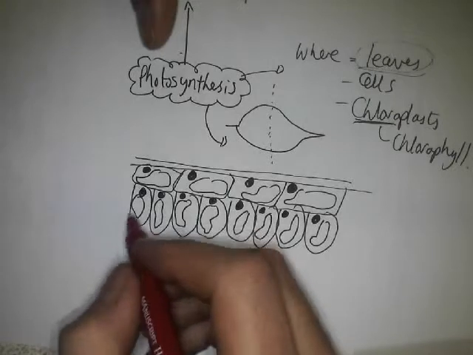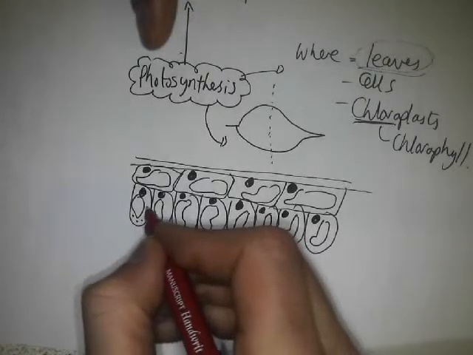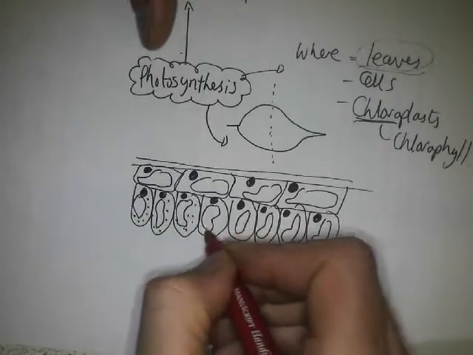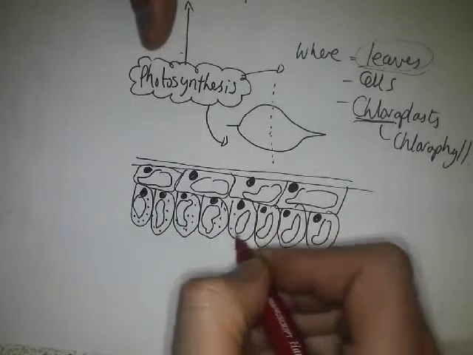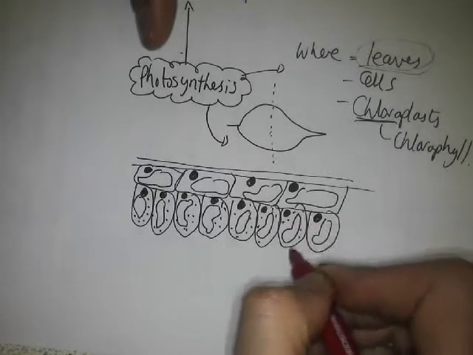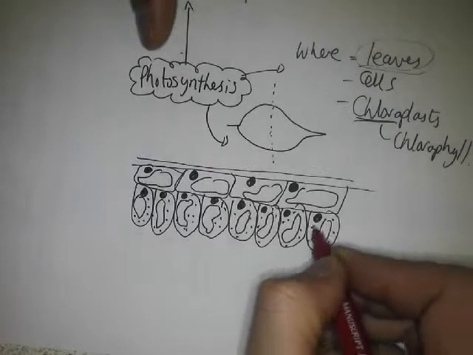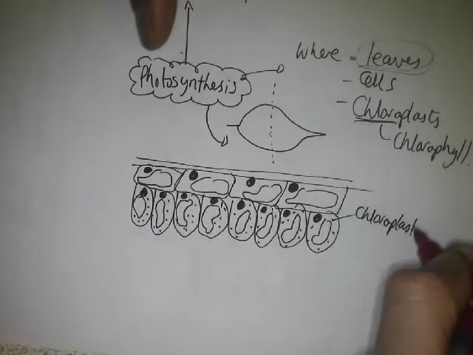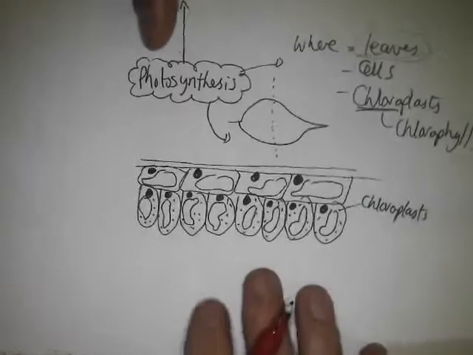Just think that. Now in these cells you'll find lots of green dots. I know these aren't green, these are black. If you've got a green pen again, use a green pen. So why am I doing it green? I'm doing it green because these are chloroplasts. There's lots of chlorophyll in them.